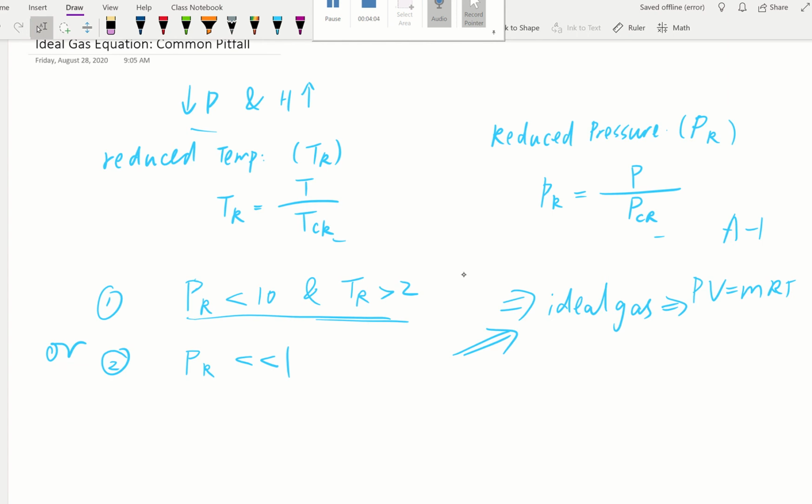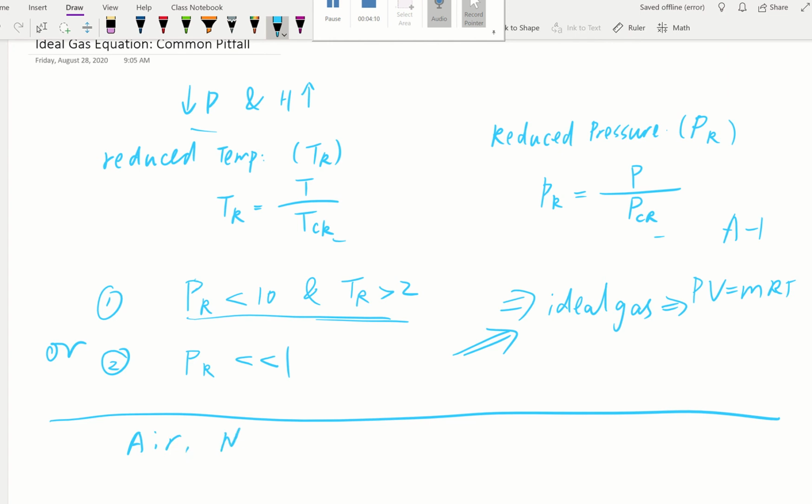Often in thermodynamics, air, nitrogen, because air is two thirds nitrogen, and oxygen are all considered ideal gas in our thermodynamics class.